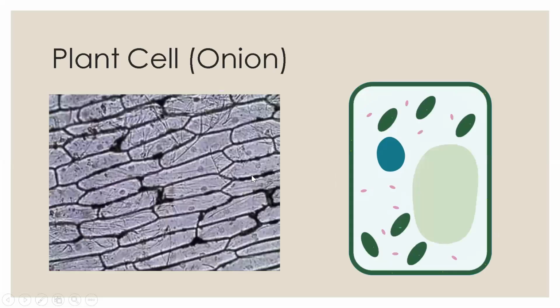This is a plant cell, an onion cell, and to view it, we need to use iodine because otherwise it won't be visible under the microscope. Again, if you pick up one cell from here, it's going to look something like this.